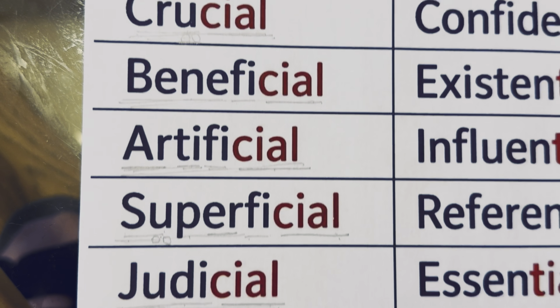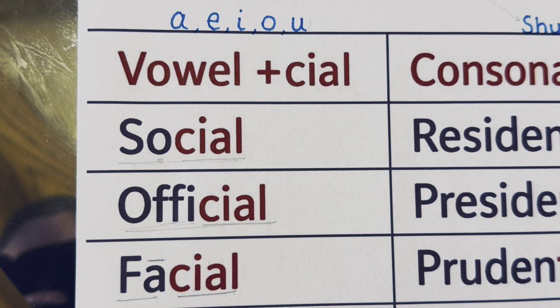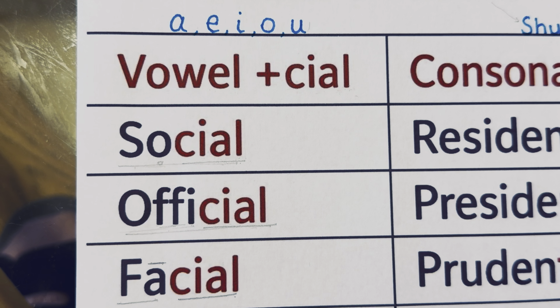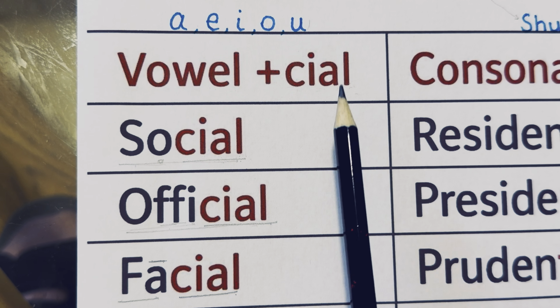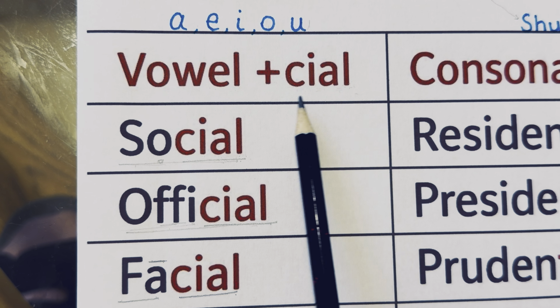So these are all examples for CIAL shall sound. Always remember, if a word ends with vowel plus shall sound, then we will write CIAL shall sound.